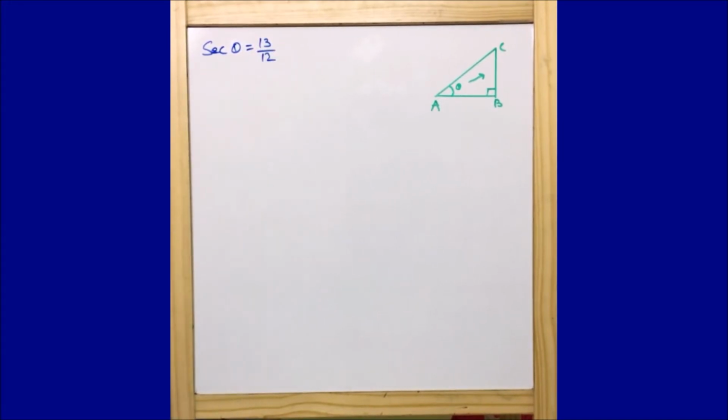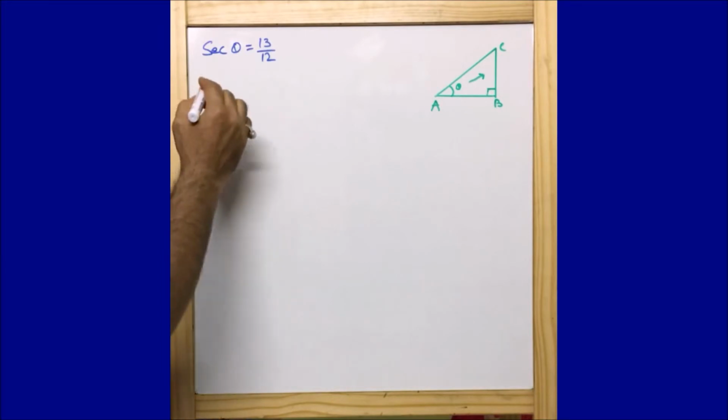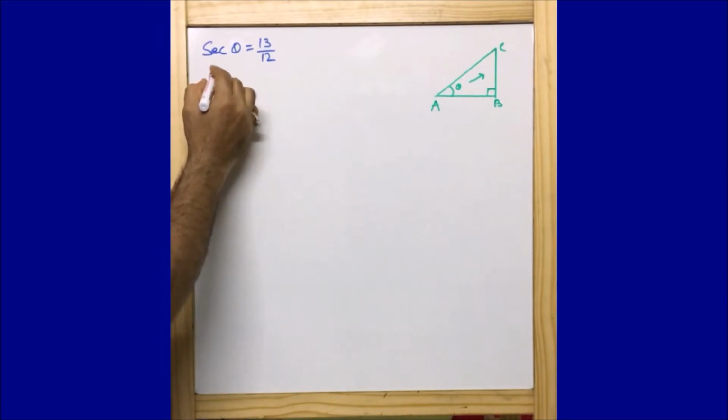As I told you, I don't know what sec theta is. I only remember sine, cos and tan, and my habit is to extract the figures from these three. I know that sec theta is nothing but 1 by cos theta. So let us first find out what cos theta is.